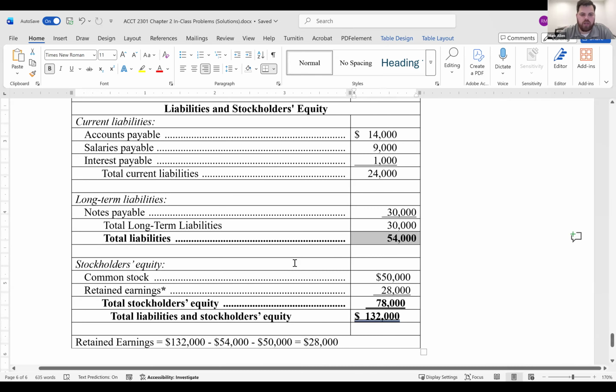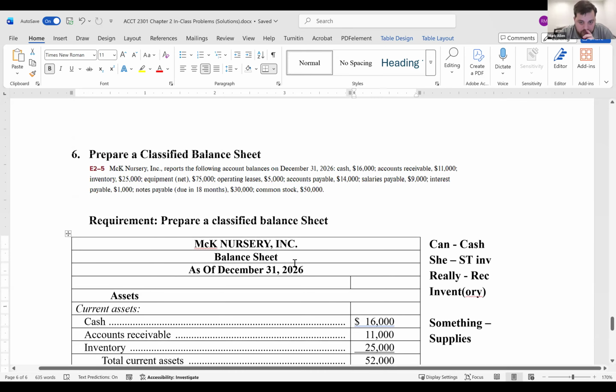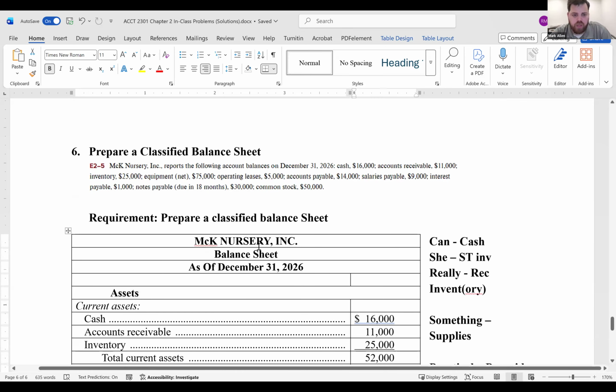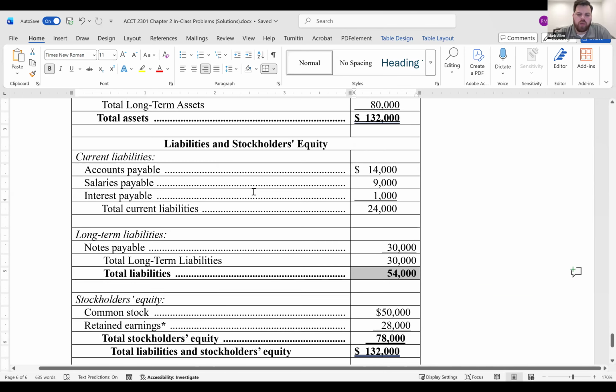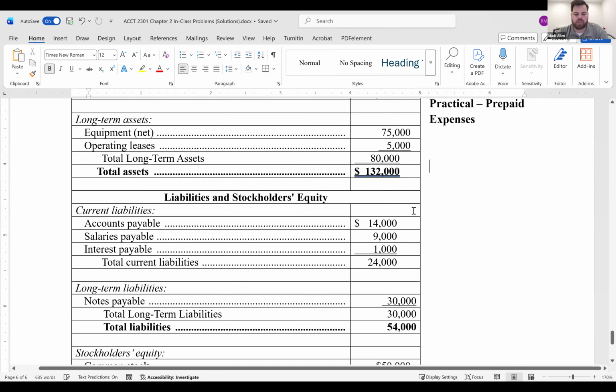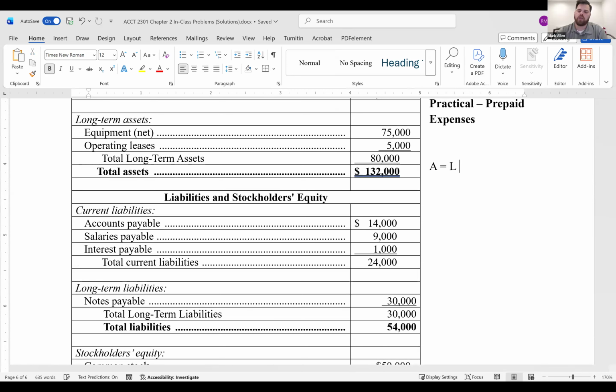To get the retained earnings, we have to actually come back, and they tell us a few things. Prepare a balance sheet. Retained earnings. We're going to start with our total assets, which are $132,000, because once again, we know assets equal liabilities plus stockholders' equity.